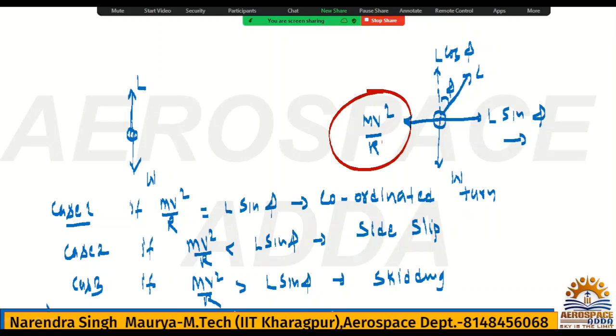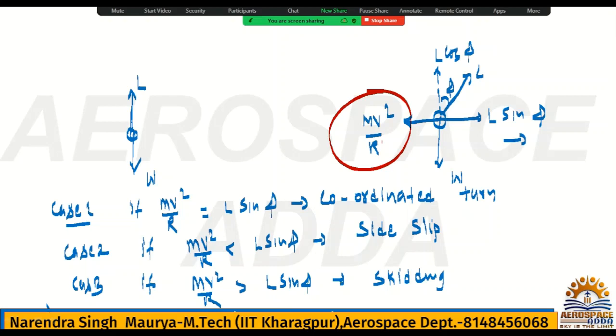That is the centrifugal force and centripetal force. The formula is the same for both, only the difference is one is towards the center and one is away from the center. Now, m is mass, v is the velocity, r is the radius of curvature.